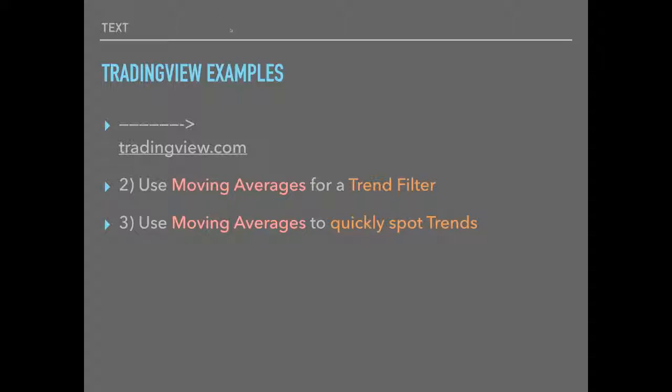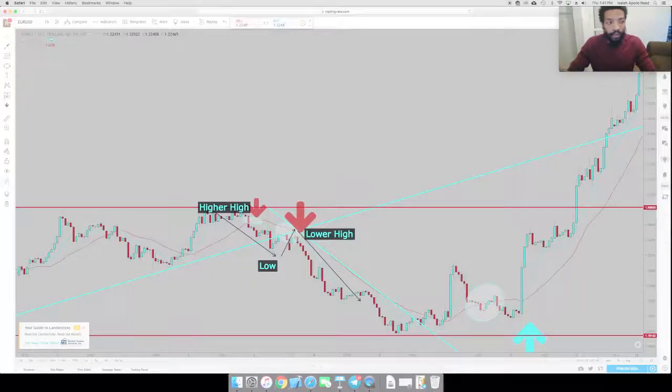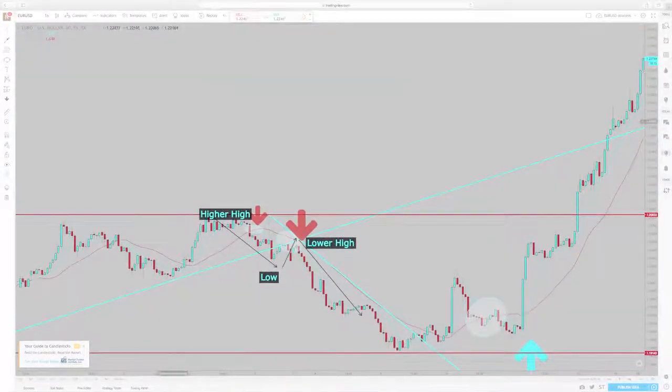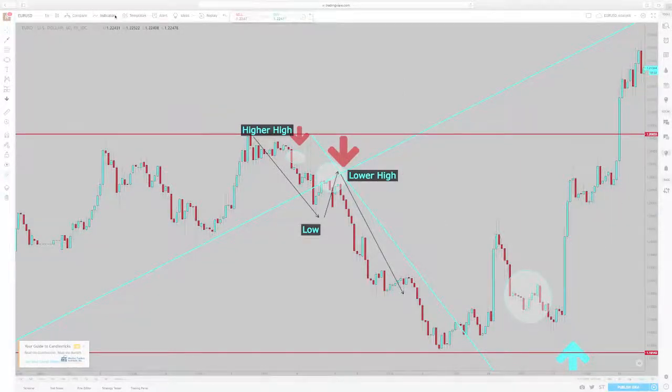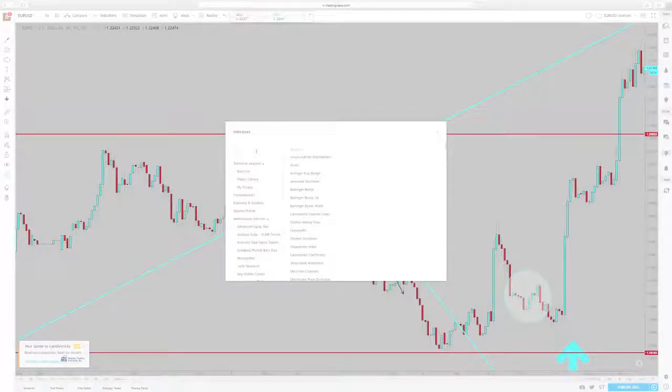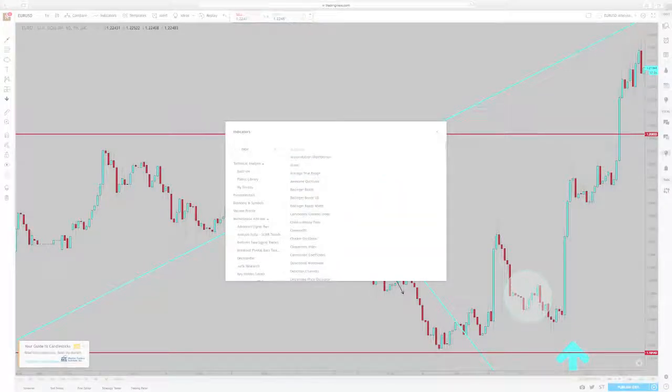And let's see how this looks. Let's go over the rules. Let's not even clear this. Let's just remove the indicators. Let's add new indicators. Stochastics. Oh, not the stochastics. I'm tripping. Moving average.